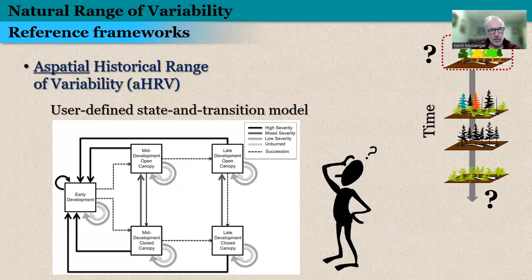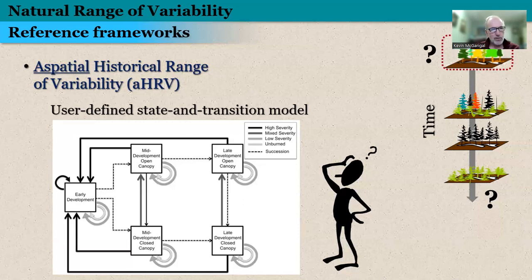The issue with this approach is that it's aspatial and it's atemporal. That is, these states are defined in an aspatial or non-spatial way because they don't correspond to mapped units.